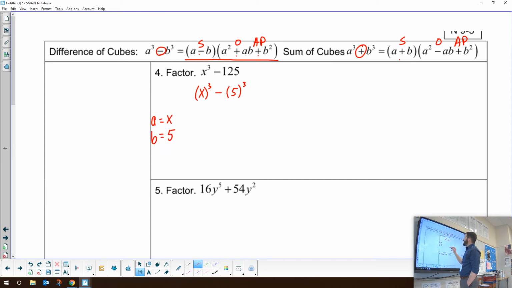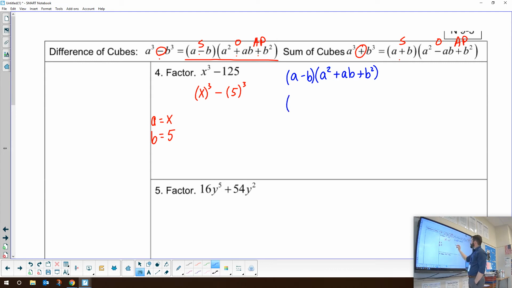And this one is a minus. So we're going to be using this formula right here. So let's fill it into this formula. The formula states that we go a minus b times a squared plus ab plus b squared. So we know what my a is, we know what my b is, so we literally just plug these in, okay?